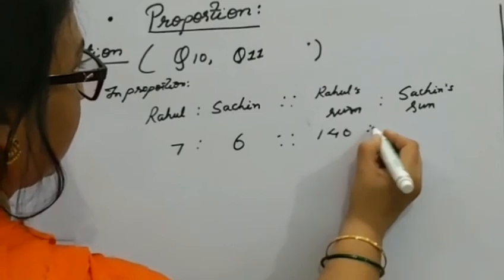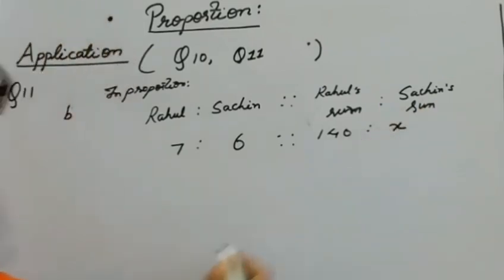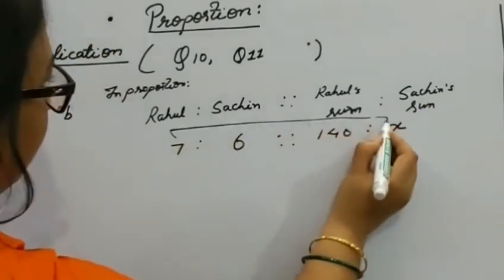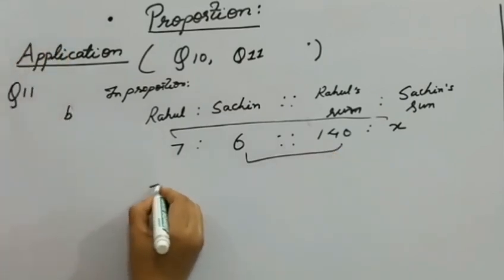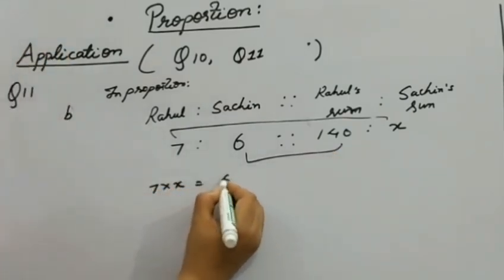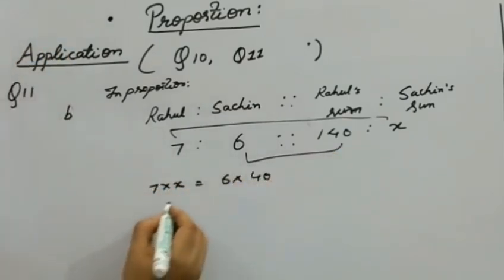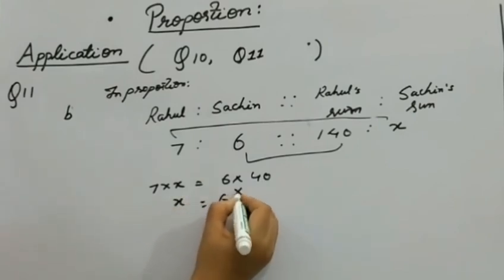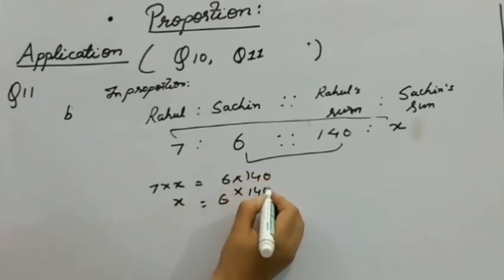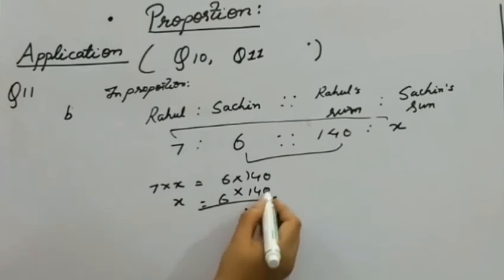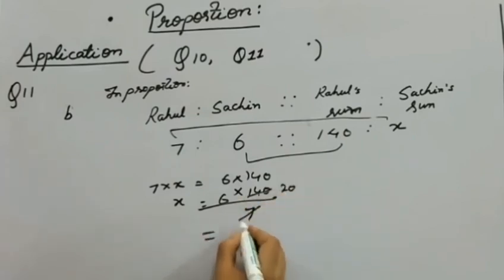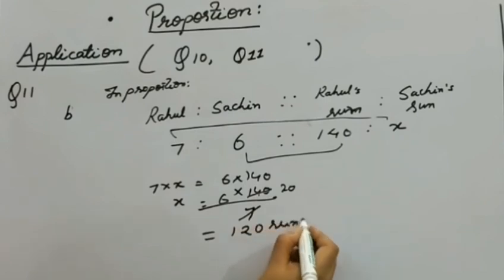Let the runs scored by Sachin be x. Now the product of extremes equals the product of means. It means 7 into x equals 6 into 140, or x equals 6 into 140 by 7. Cancel them: 20 times 6 is 120 runs.